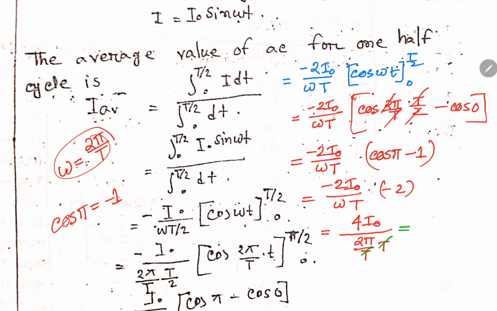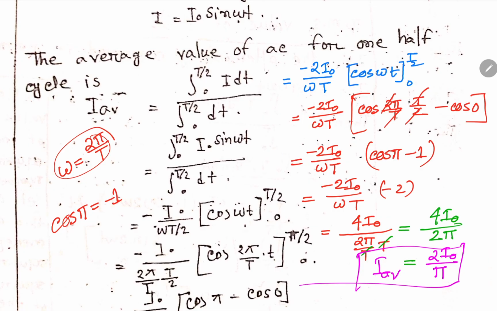I have 4 I naught divided by 2 pi. Hence 2 divides 4, and I have 2 here. So I have 2 I naught divided by pi. That is my average value.